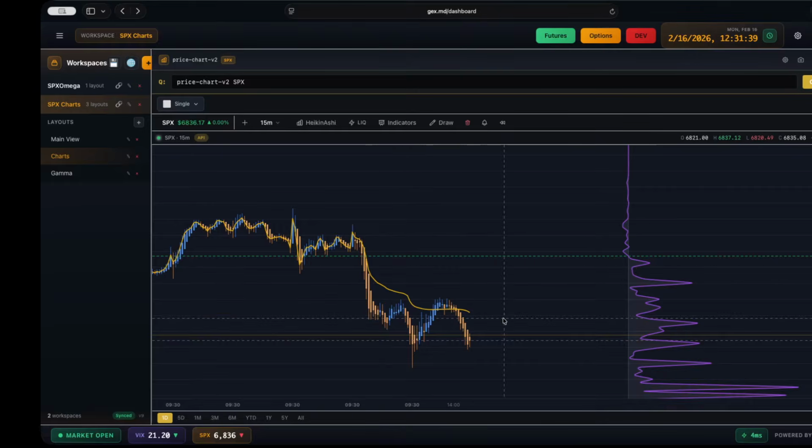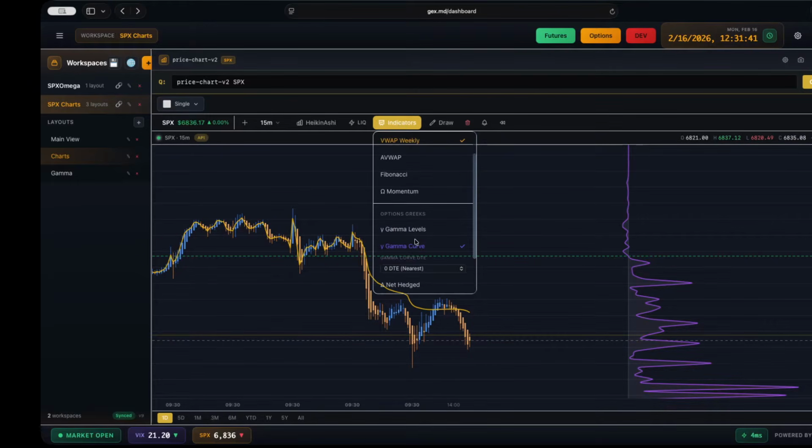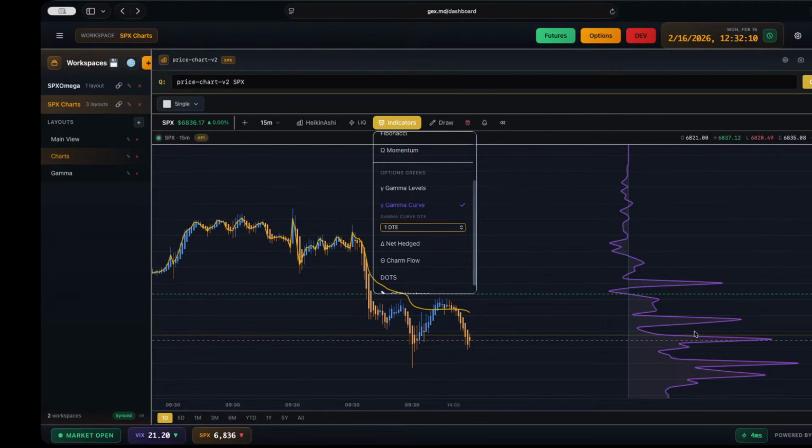So you get your VWAP, and then you can do the curve, which is this. The curve has a few things you can use. You can use the same day. You can go next day. You can go 2DT, 5DT, a week, 2 weeks, a month, or 2 months. This one I like to do after 12, 1DT, so I can see next day positioning.